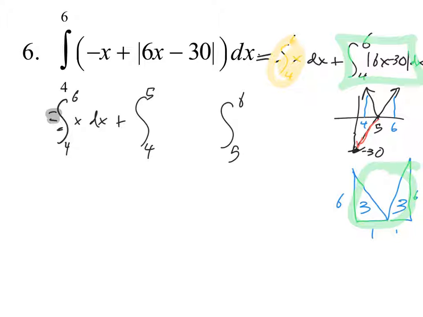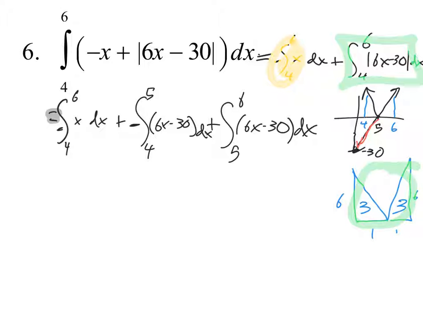So we can actually just write this as the integral of negative 6x plus 30, plus, and then the part from 5 to 6, well, that's just a normal 6x minus 30, right? That was part of the regular old line 6x minus 30 before we even added the absolute value. So for that, I'm just going to call that positive 6x minus 30 dx.